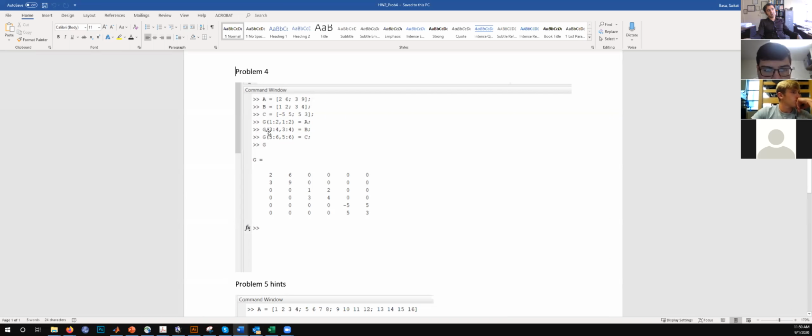So set that up, third to fourth row and third to fourth column, as the B matrix. And these two are G's fifth to sixth row and fifth to sixth column. So this part would be assigned as the matrix C that you have already set up. Once you set these three lines up and then just type G and press enter, you should get that complete big G matrix.